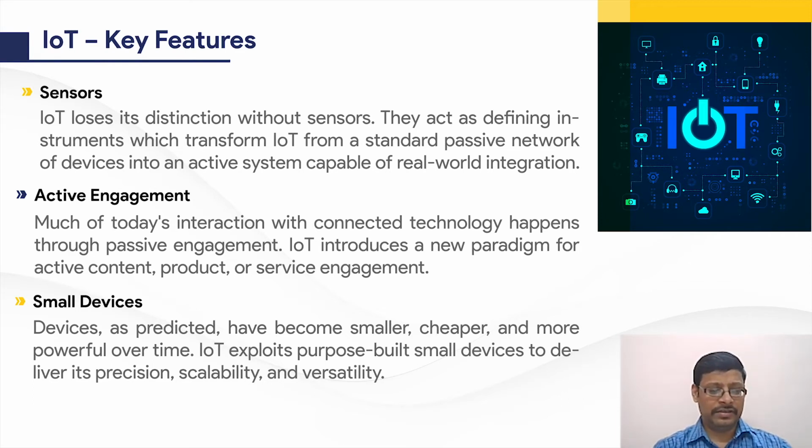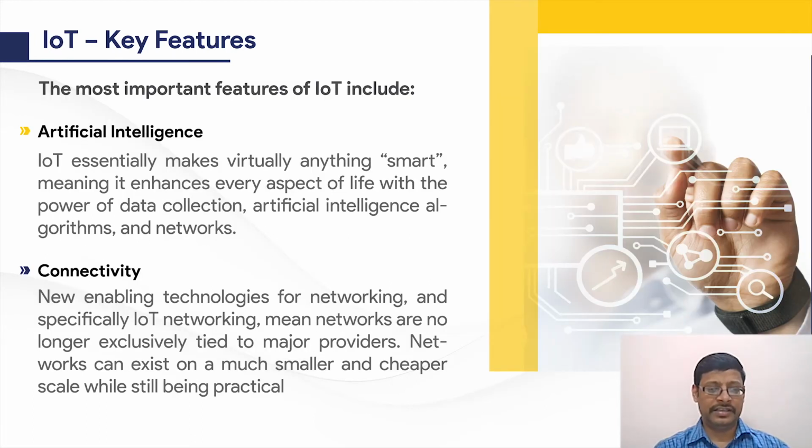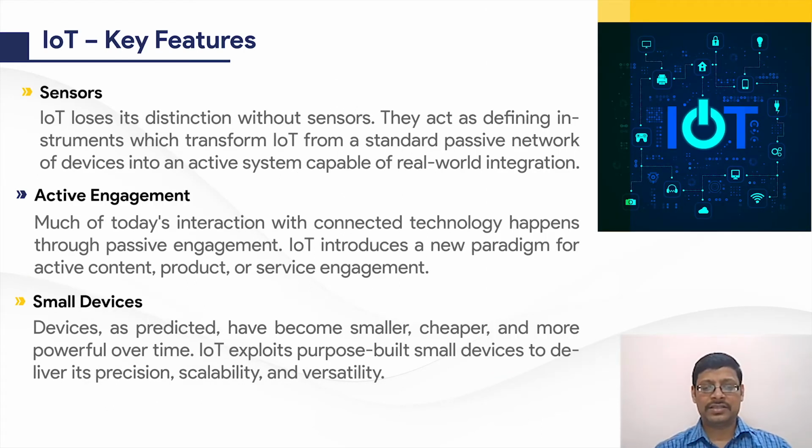So among the key features, we have artificial intelligence. This artificial intelligence and sensors play a very important role. For example, take sensors as one of the key features. These sensors use technology to detect and measure changes in the environment and report the status.